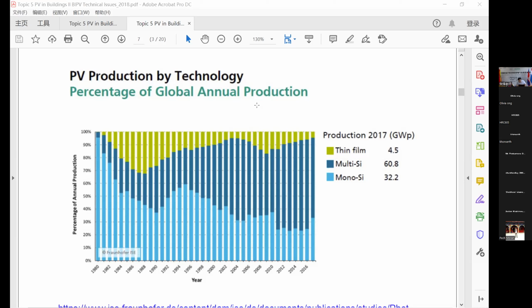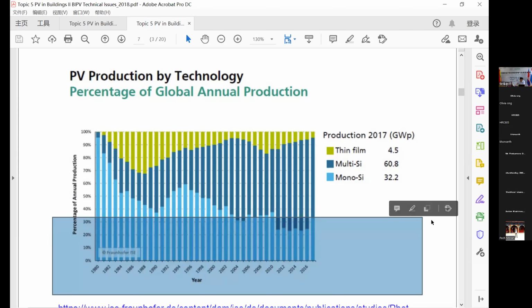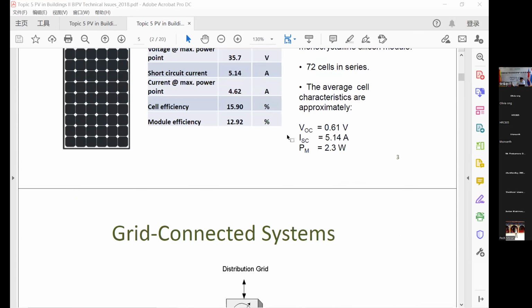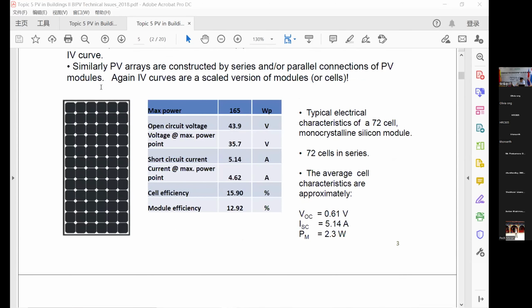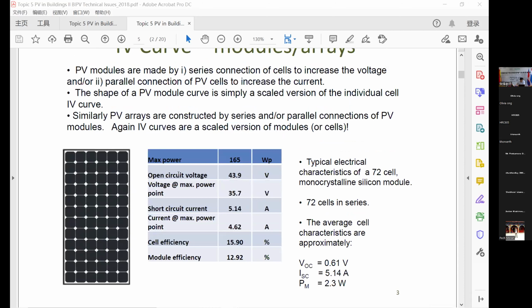mentioned. Oh, let's say this problem is a very interesting problem. Normally, once we purchase the PV module, the manufacturer will assign a number here.